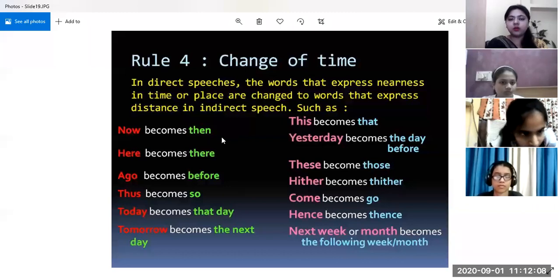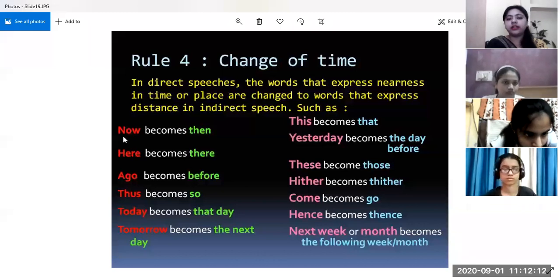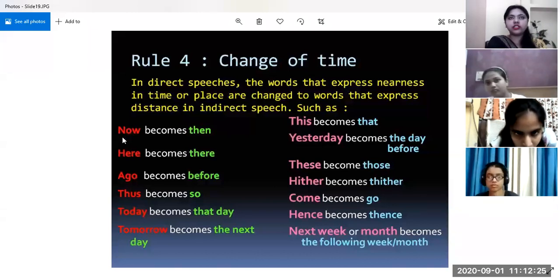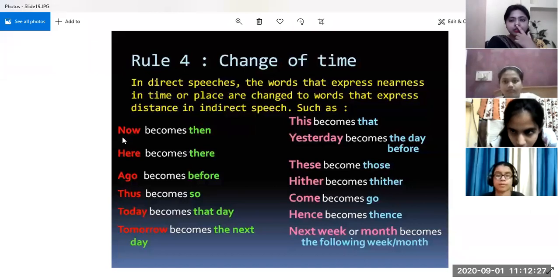If now is there in the direct speech, then when we change it into indirect speech, we write then. For example, he said, I am unwell now. Then it will change into he said that he was unwell then.